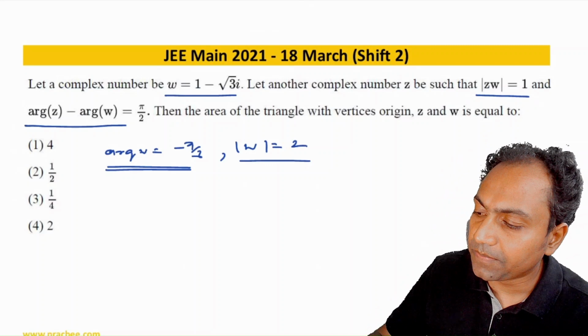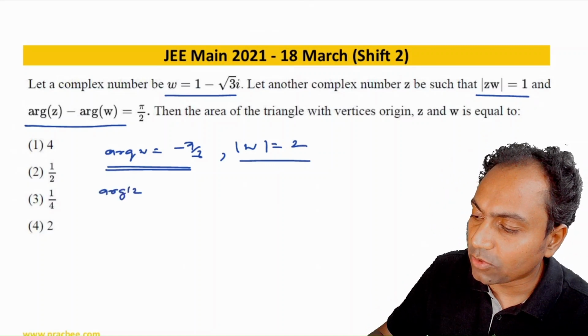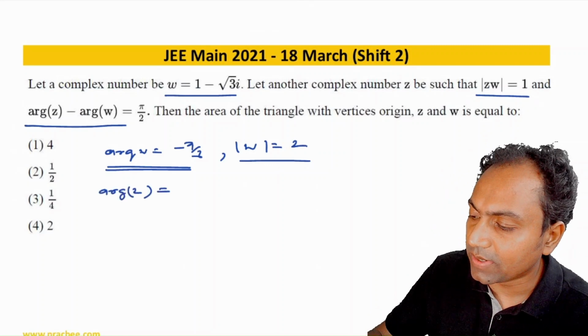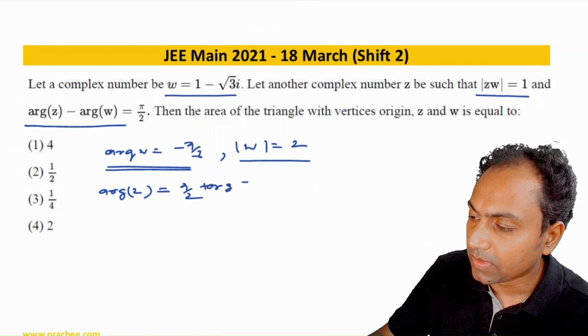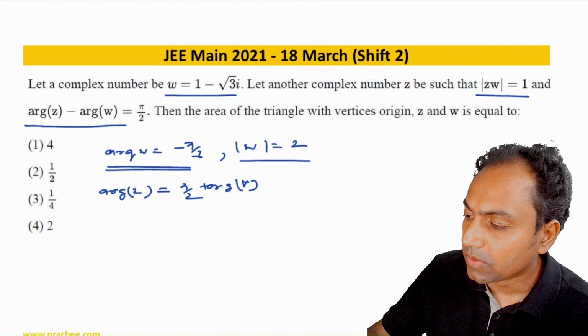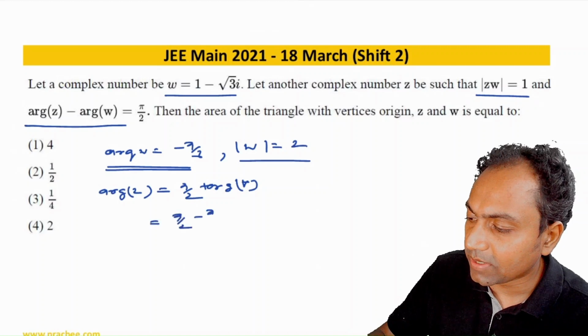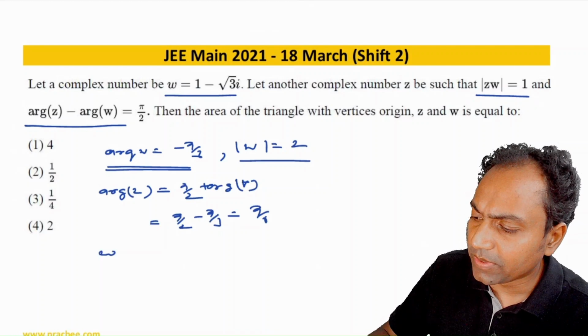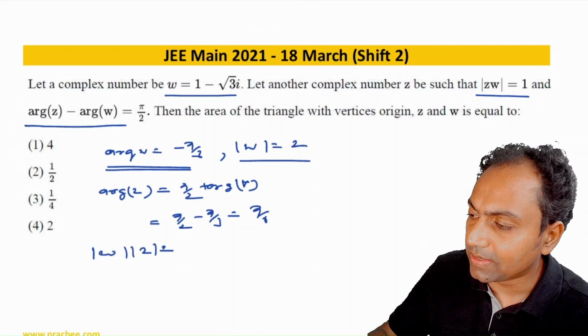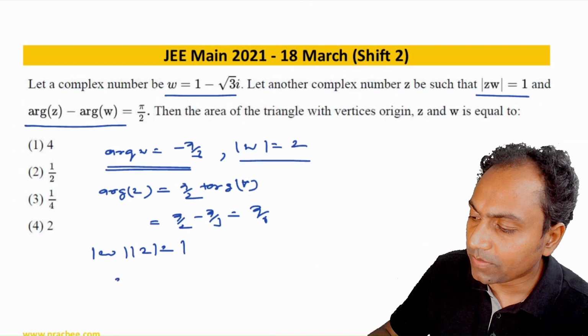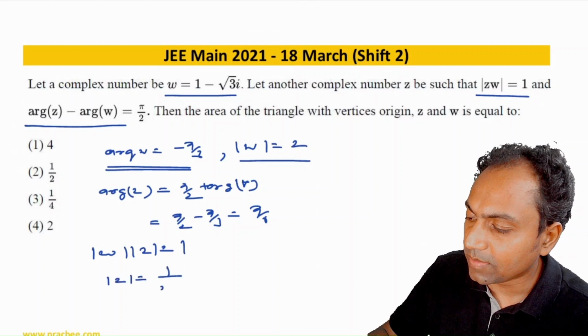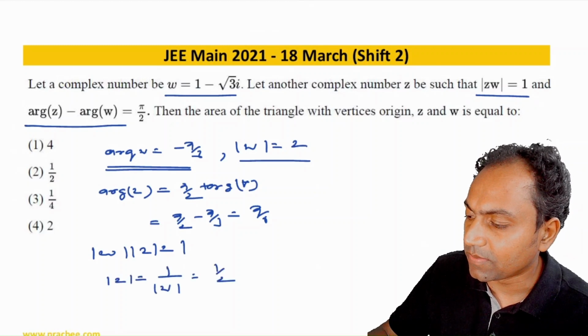And now simply what is given is a relation between argument of z and w. So if I take argument of w on the other side, it is pi by 2 plus argument of w. And since this is nothing but minus pi by 3, argument of z becomes pi by 6. Also, there is a relationship between w and z that their multiplication is equal to 1. So from here, the modulus of z is nothing but 1 by modulus of w, that is 1 by 2.